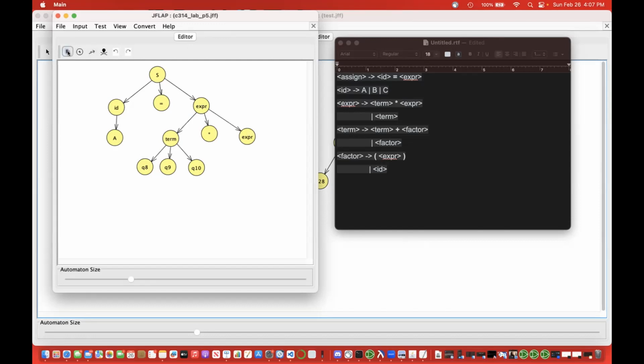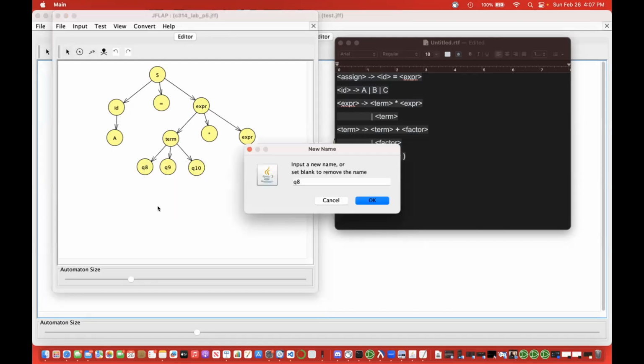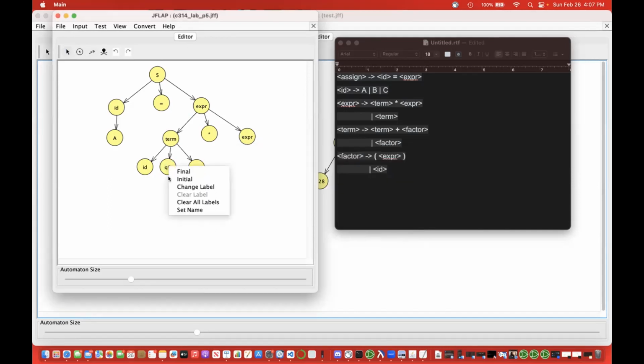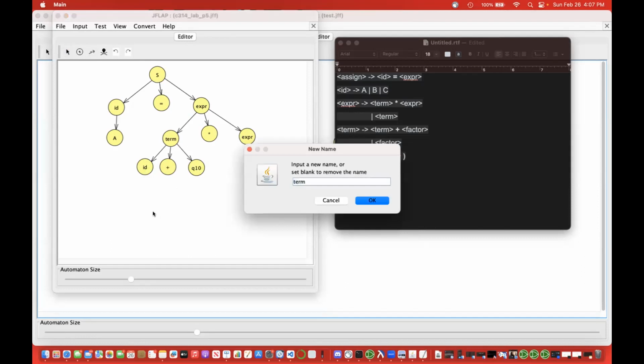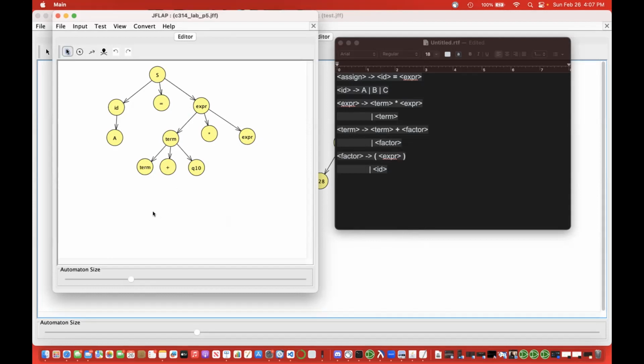Okay, so B plus C. That'd be ID, and this would be plus. Or no, term. It would point to term on the left side. I guess factor, and then B is factor. Oh, that's weird because then it goes factor, and then factor goes to the expression. Oh, or ID. Okay, we're fine.